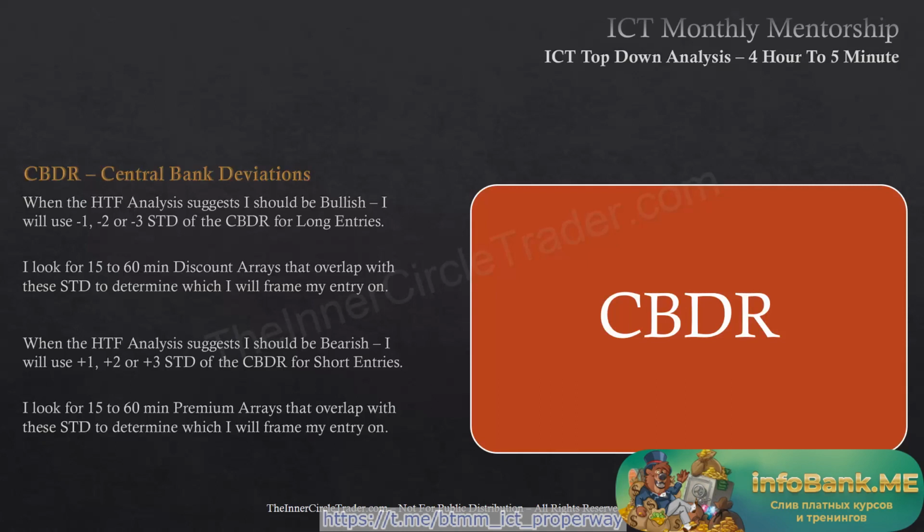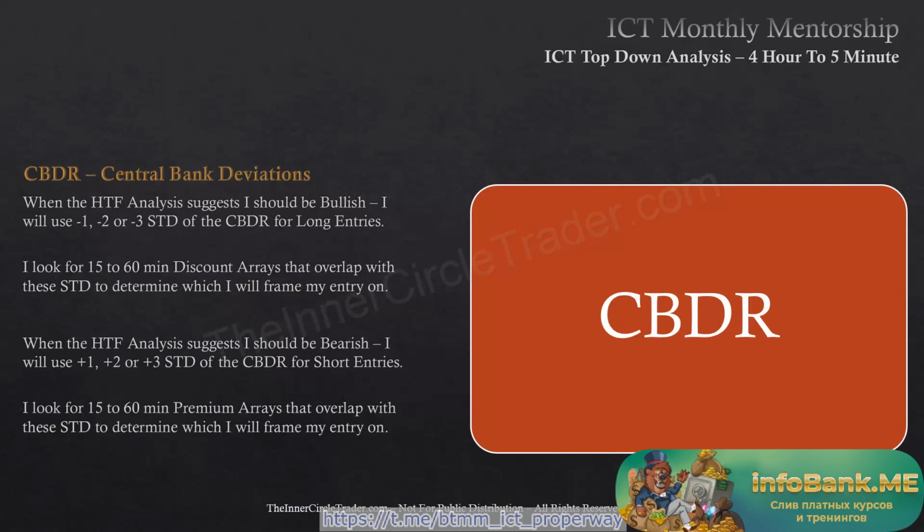When the higher time frame analysis suggests that I should be bearish, I will use +1, +2, or +3 standard deviations of the central bank dealers range for short entries. I look for 15 to 60 minute premium arrays to overlap with these standard deviations to determine which one I will frame my entry on.